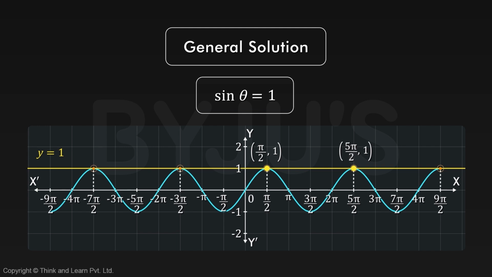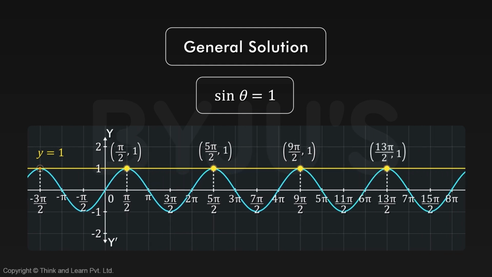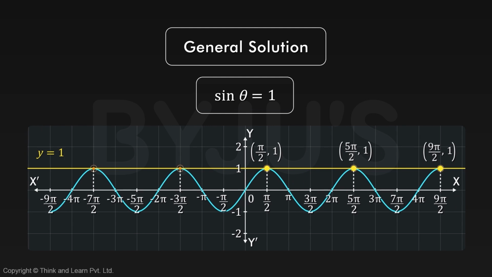And the one after that is going to be 4 pi plus pi by 2, which is 9 pi by 2. And so on. This will keep on continuing. On the other side, we have minus 2 pi plus pi by 2, right? Which is nothing but minus 3 pi by 2. And then we have minus 4 pi plus pi by 2, which is simply minus 7 pi by 2, and so on.